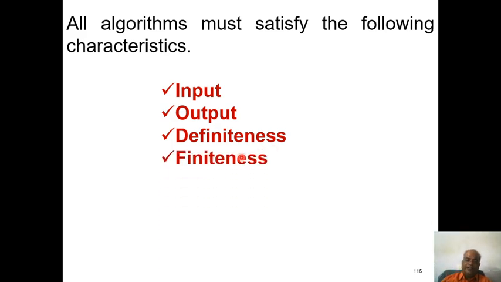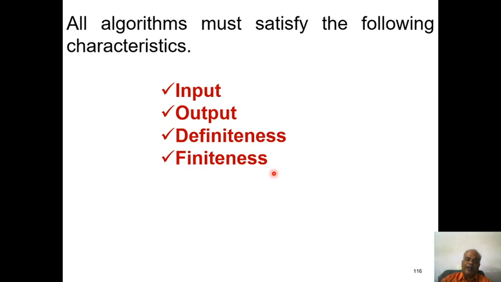The next one is finiteness. Finiteness means the algorithm must terminate after a finite sequence of steps. It terminates at a particular statement, or after a particular time. There may be an exact specification.